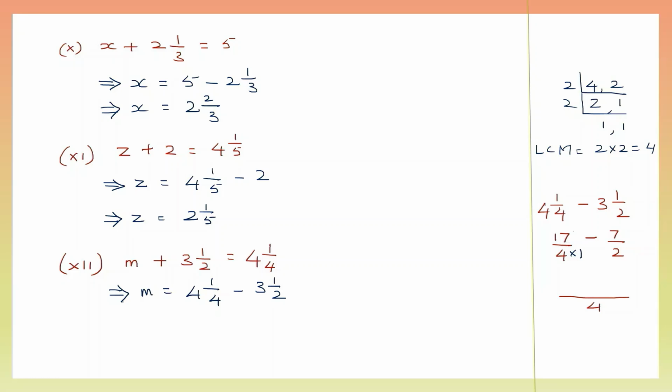So 4 1s are 4. Let's multiply 17 also by 1. So 17 1s are 17 minus 2 into 2 is 4. So 7 into 2 is 14. So what do we get there? 17 minus 14 is 3. 3 by 4. So we have got the value of m here to be 3 by 4.